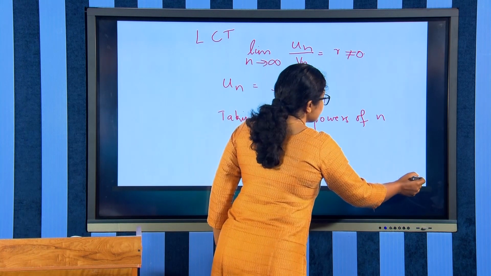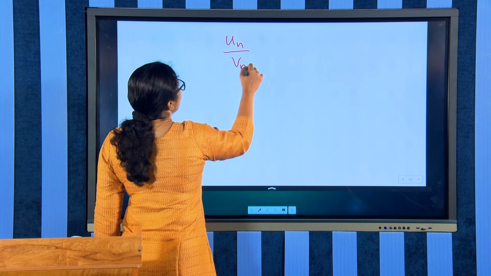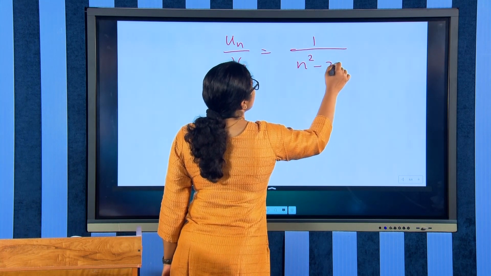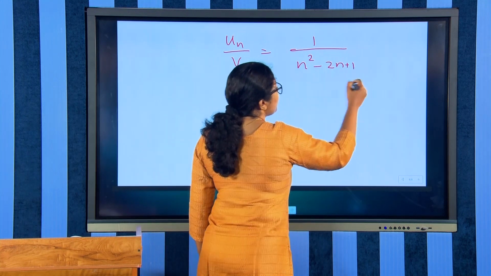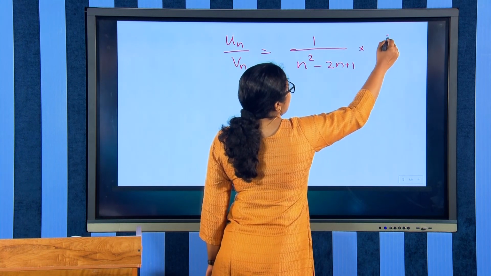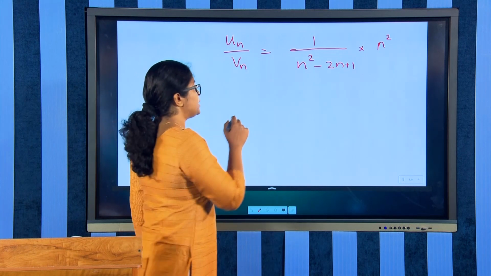Then what happens if you take the ratio un by Vn, this will be nothing but 1 upon n square minus 2n plus 1 divided by 1 upon n square. So, that will give you into n square. So, that n square comes as the numerator.